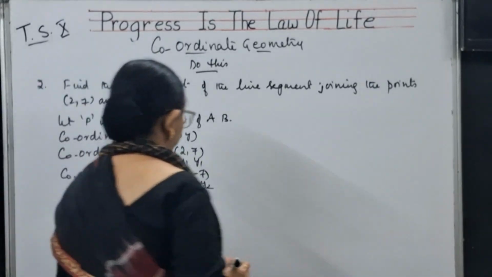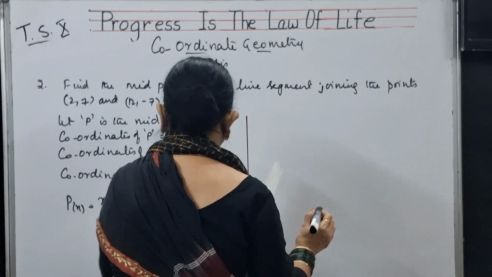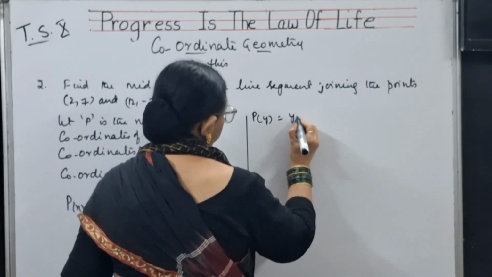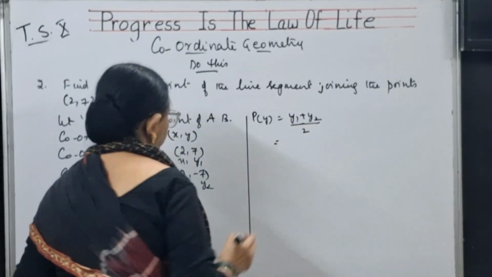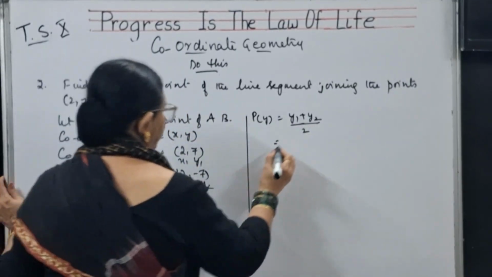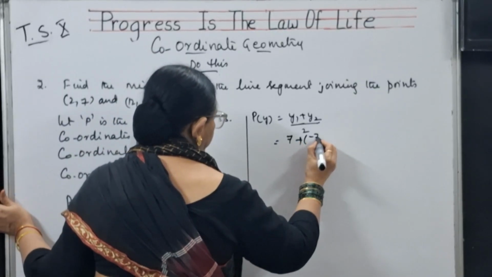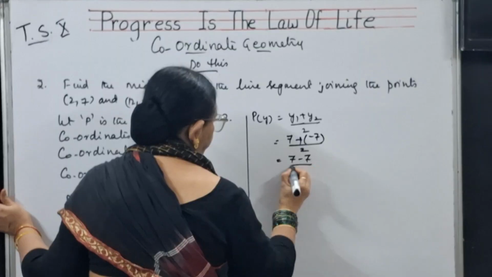Now, go for P of y. y1 plus y2 by 2. What is y1? That is 7, plus y2 is minus 7 by 2. 7 minus 7 by 2.